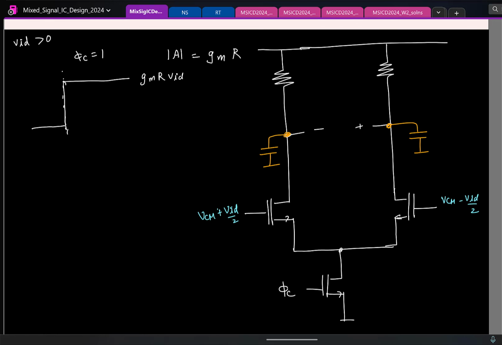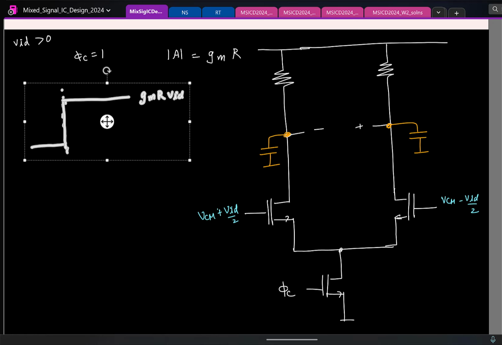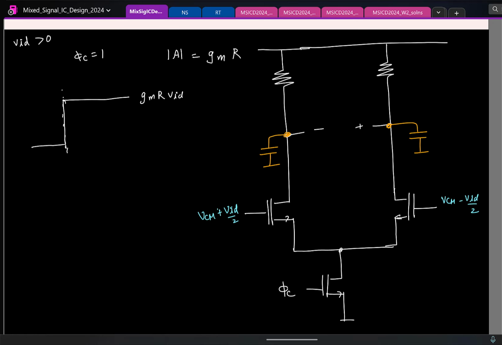Here there is no way for that. So how will it change? It will basically do this. So essentially it's going to take forever to reach.